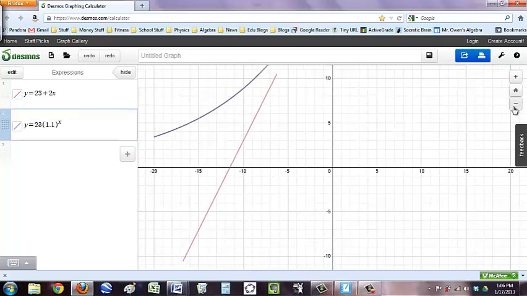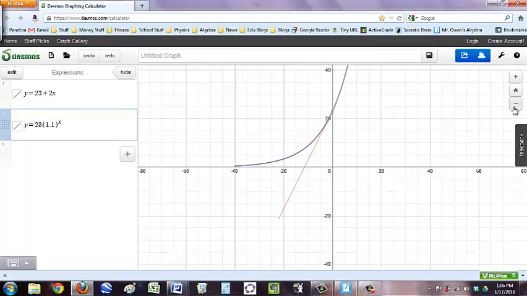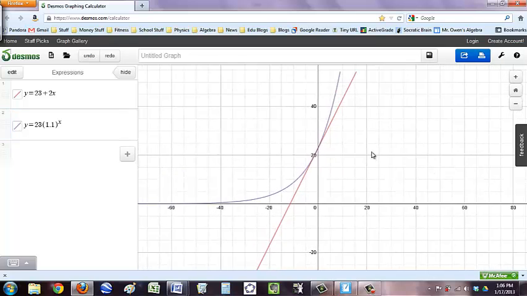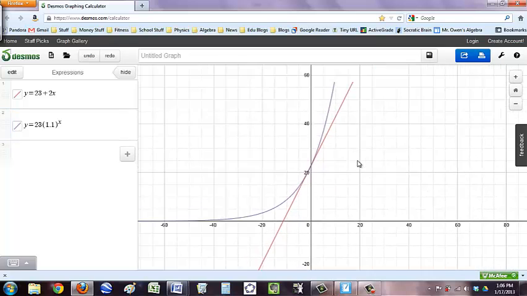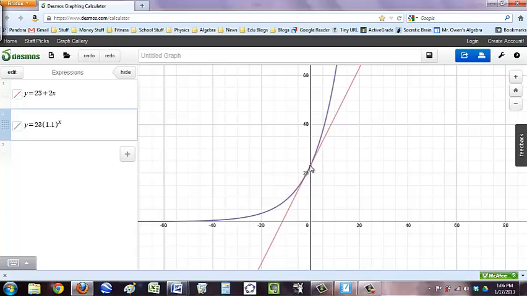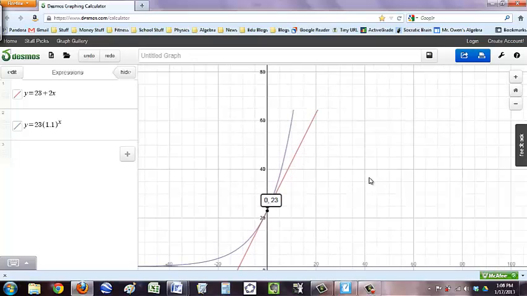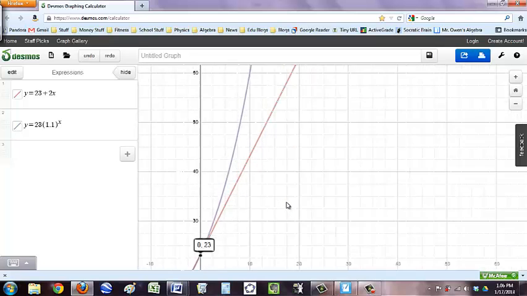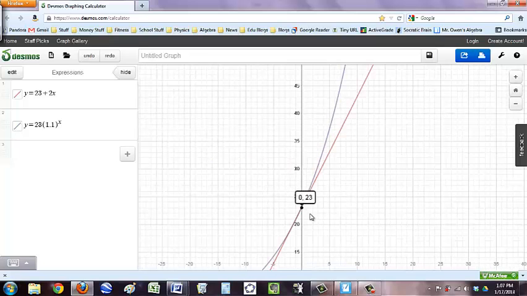Now when we zoom back out, we can see that it is indeed increasing. So we start here at 23 in both cases. And which one would you say grows faster? The one curving up or the one going straight up? It looks to me like the one curving up is growing faster.